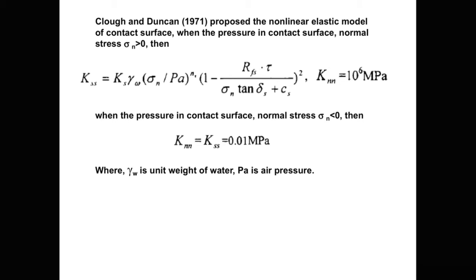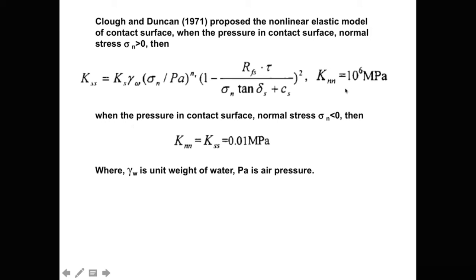When the pressure in the contact surface, the normal stress sigma n, is larger than 0, Kss equals Ks times gamma W times sigma n over Pa, the air pressure, to the power n, times the square of 1 minus Rfs times tau over sigma n times the tangent of delta S plus Cs, and Kn equals 10^6 MPa.